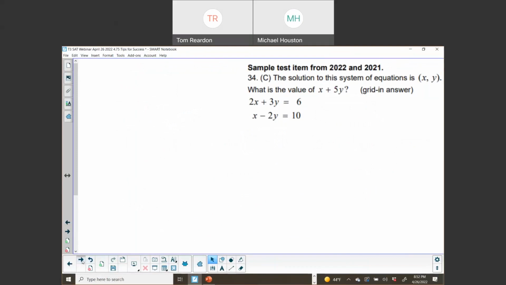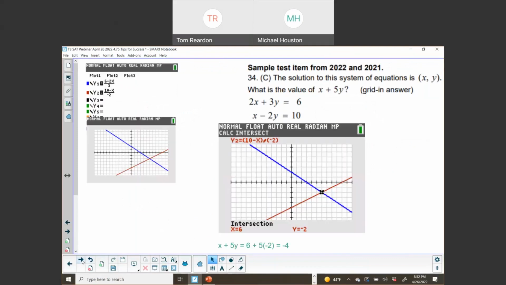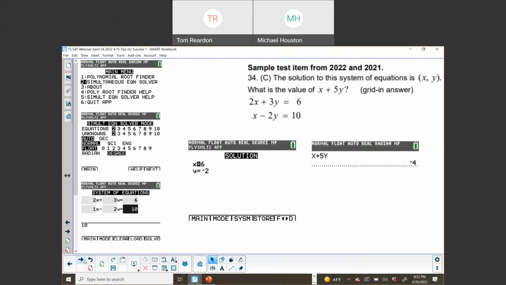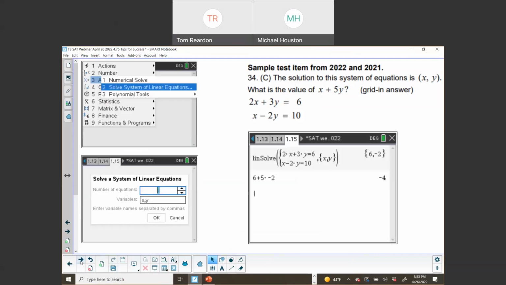And I've got all these different ways you could do this, okay? You could solve it graphically. You could solve it by table. You could use the simultaneous equation solver, and if you're not familiar with that, I suggest you get familiar with that, and get the answer. And then the final answer is -4.